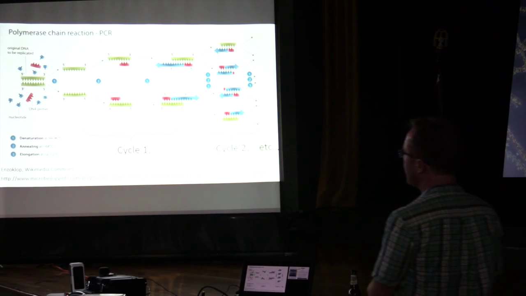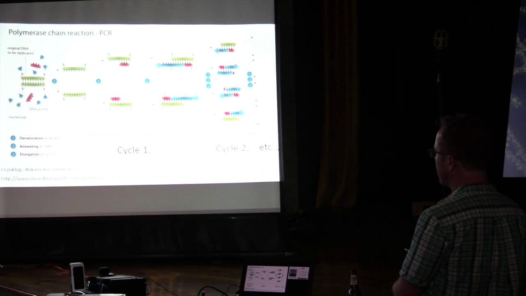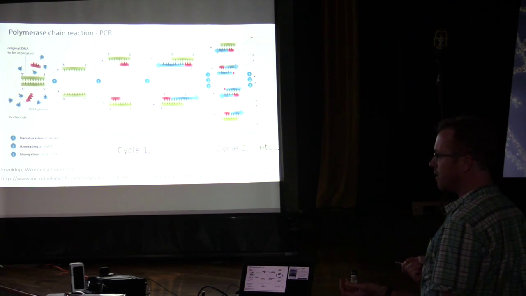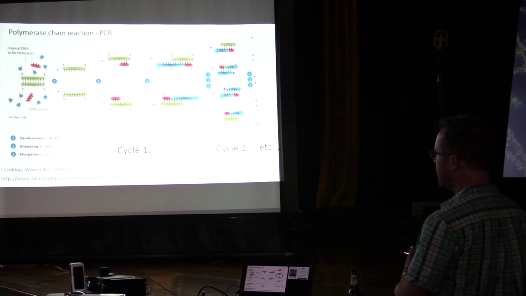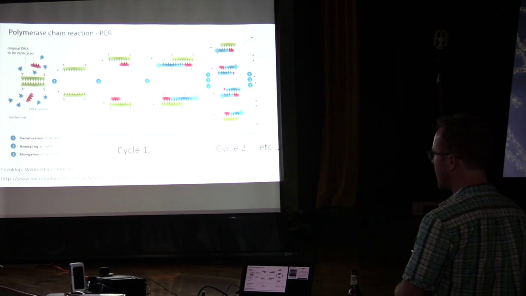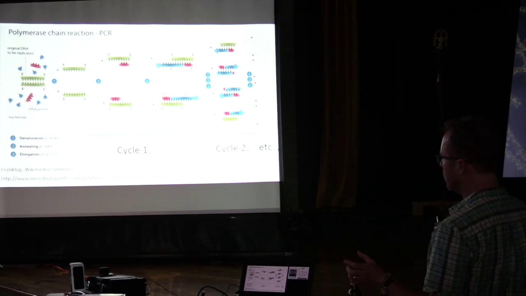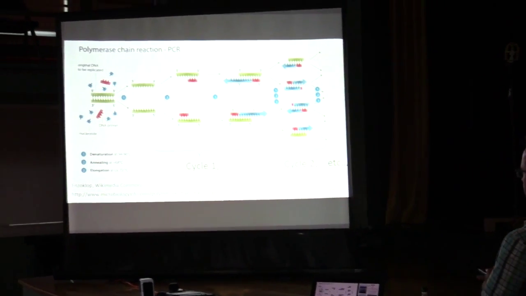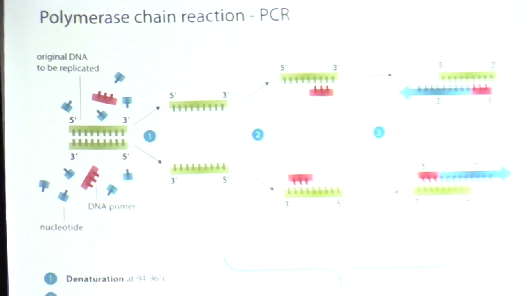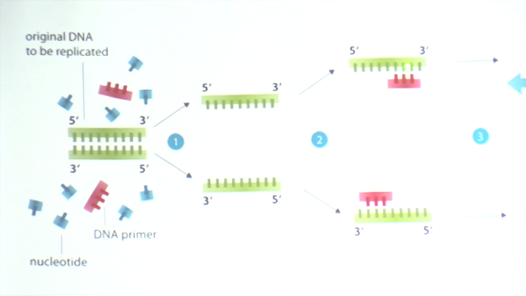Oh, that's just the directionality of the DNA. DNA is always synthesized in the 5' to 3' direction, reading the template from its 3' end towards its 5' end. So you can see here that the red, again, are these short little priming sequences that come in and find their complementary strand on, in this case, the top template, and in this case, the bottom template.